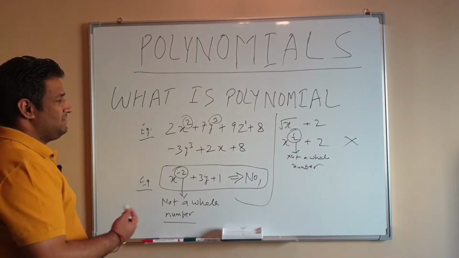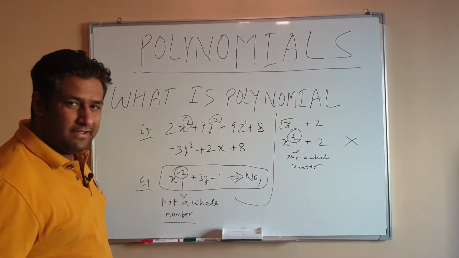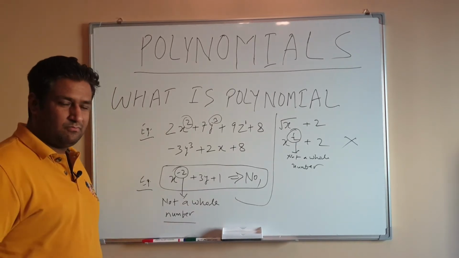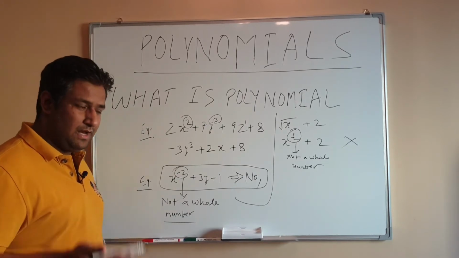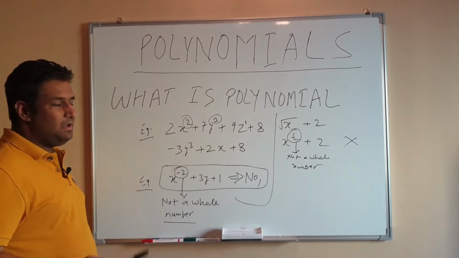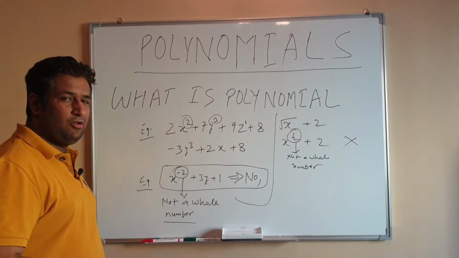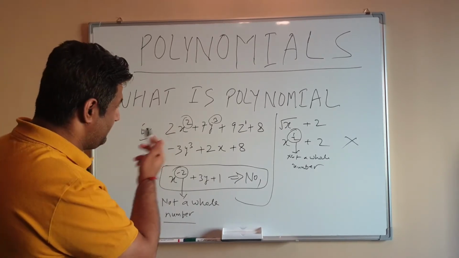These are the things by which we identify whether a term is a polynomial or not, because identification of that is very important. You will have many questions in the exam, basically in the multiple choices, asking whether the given term is a polynomial or not. So you have to identify using these techniques.